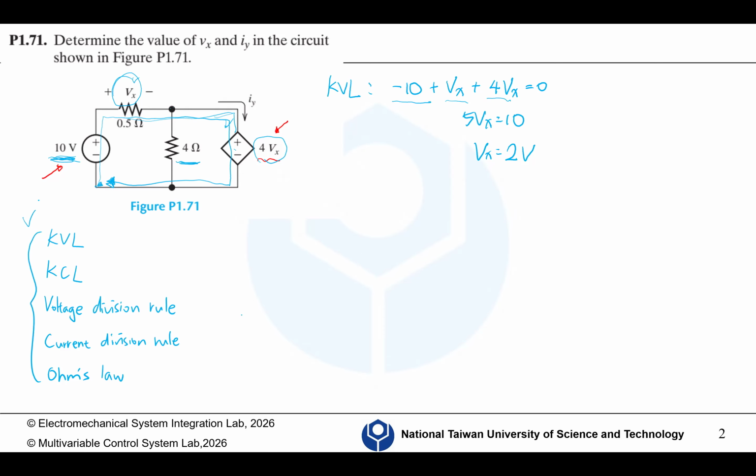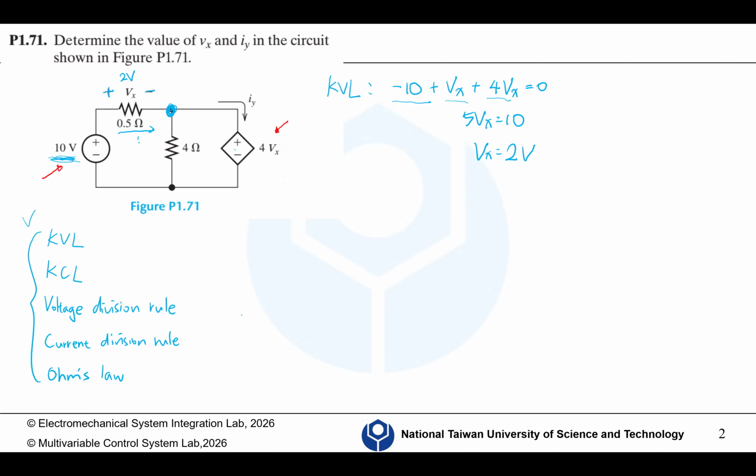That's a good start because we solved one unknown variable, and then it asks us to solve Iy. So how? Iy is a current flowing out from this node, which means we need to calculate the net current of this node. If we know Vx is 2 volts, and the problem gives the polarities, which means we know the current.